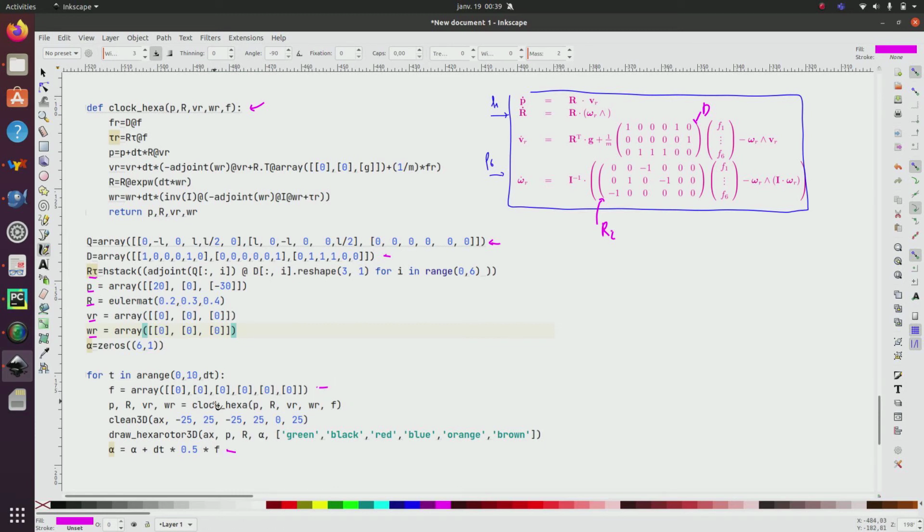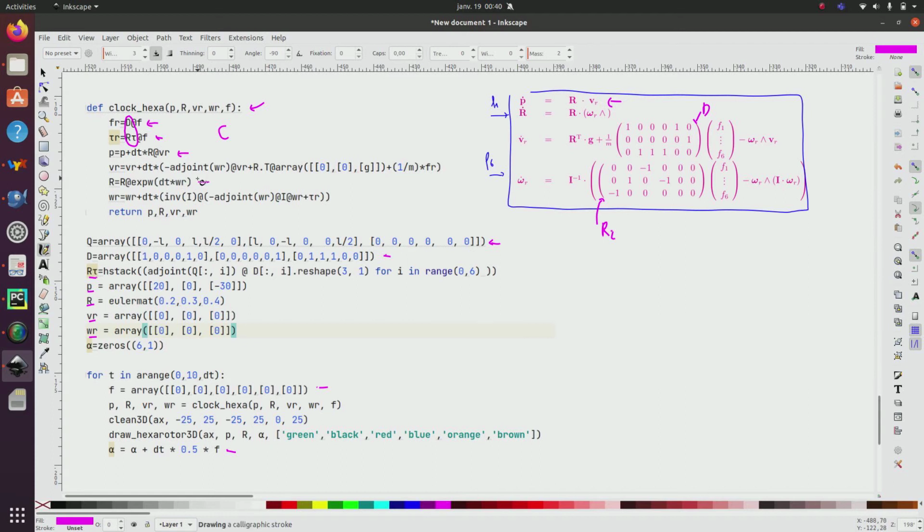At each time step I clock the system. So I will compute the new state variable at time t plus dt, and I draw the hexarotor as shown before. For clock hexa, I first compute df and tau r with respect to this matrix, corresponding to the concentrator C. Here is an Euler formula to integrate this one.